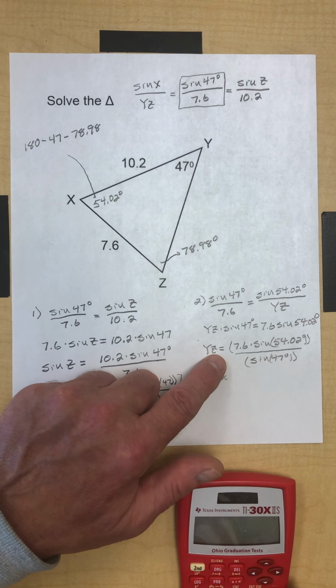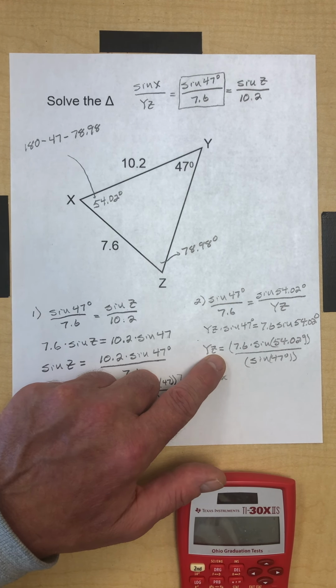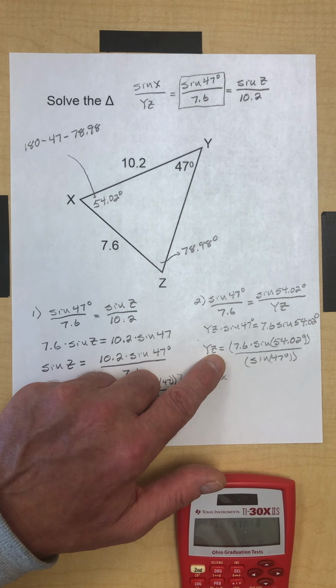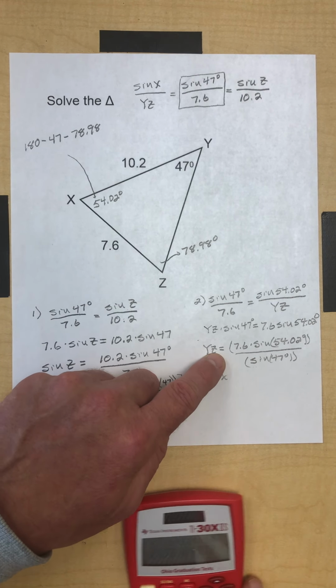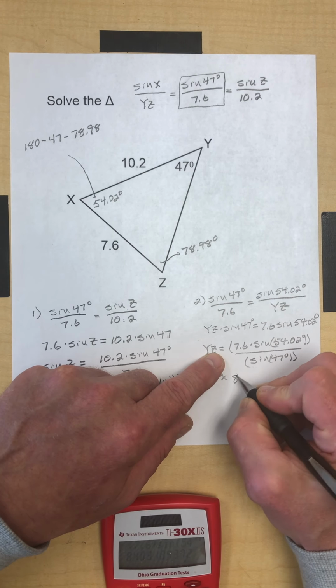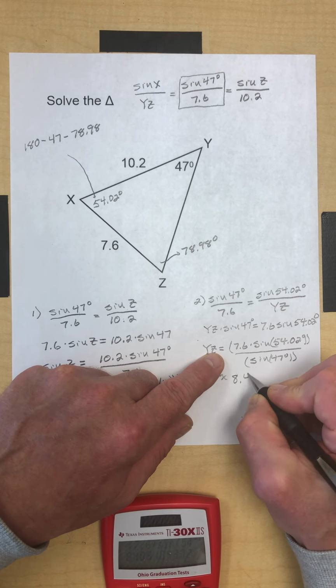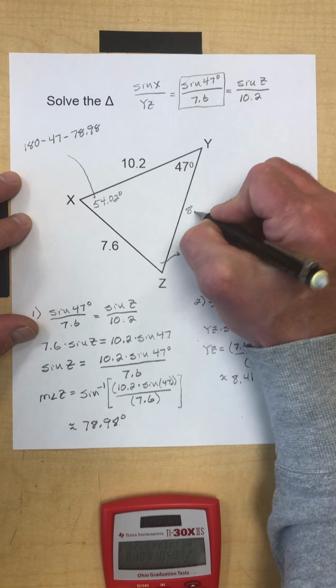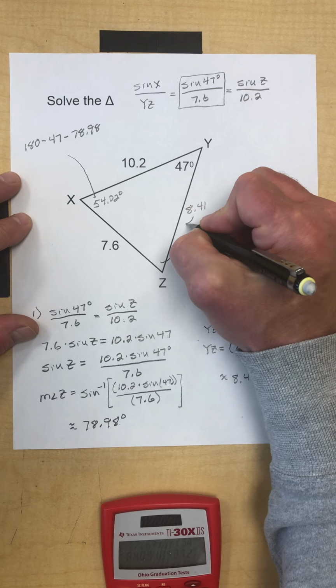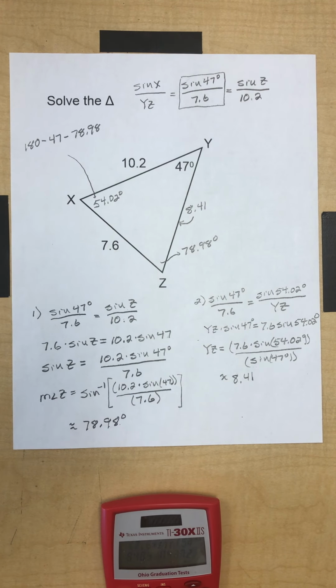I've got parenthesis 7.6 times the sine of 54.02, double parenthesis, divided by parenthesis sine of 47, double parenthesis. And remember, this is a side length. I'm getting 8.41, okay, for YZ. So 8.41 for right here. And we're done.